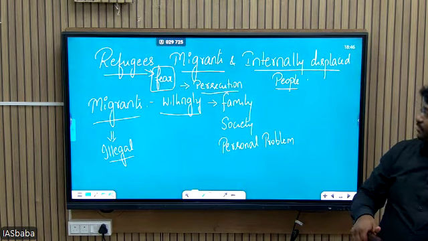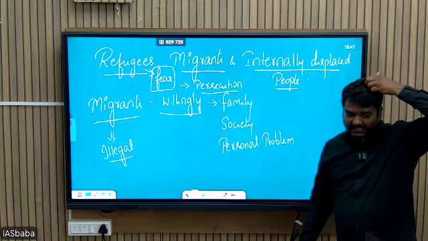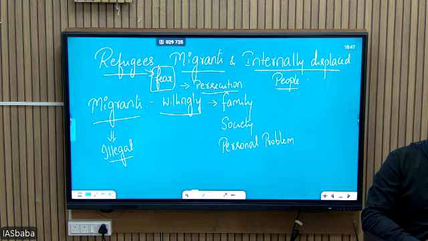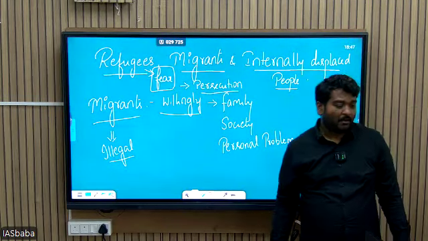Heading is refugees, migrants, and internally displaced people. Hyphen. Below that, you write migrants. Migrants. Hyphen. These are the people who move from one country to another country voluntarily.